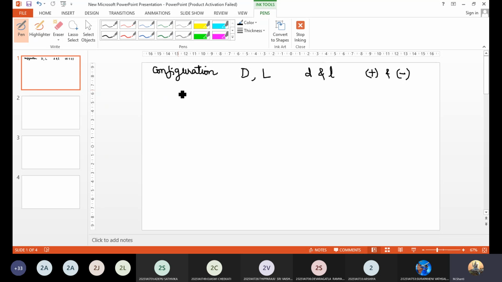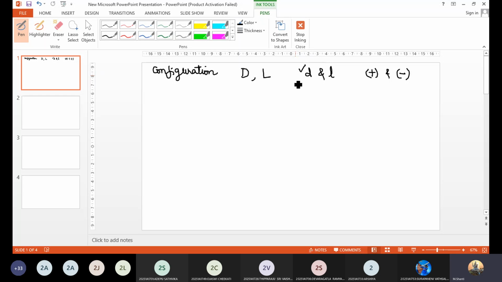You just have to choose the option from the screen. I gave you three options. Small d, small l. Which D and which L? Small d and small l.